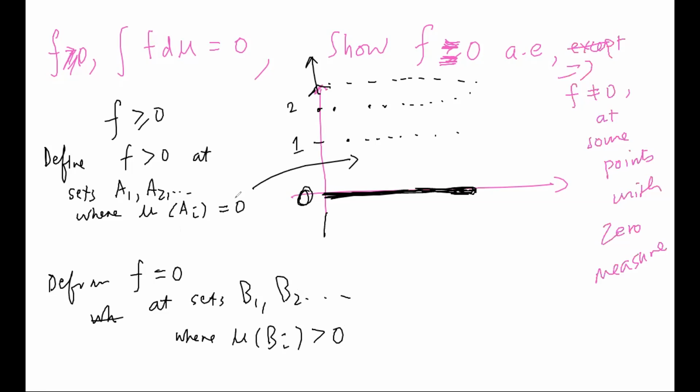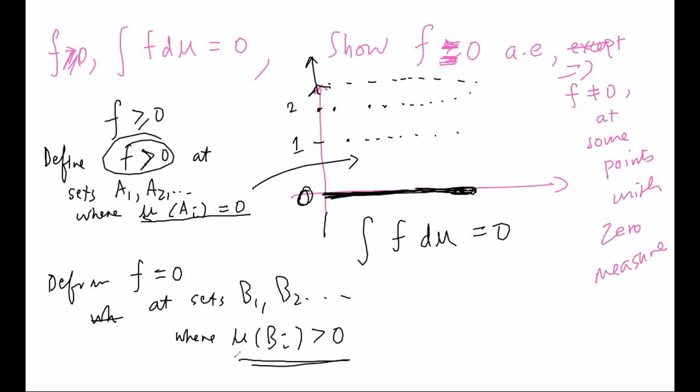And with these two situations, definitely your integral of f d mu is equal to 0. When f is greater than 0, you have a 0 measure, so 0 multiplied by this f is 0. And for those sets where your measure is non-zero, since it occurs where f equals 0, the infimum is 0. So multiplied by a non-zero measure, you still get 0. That's how you get your integral.